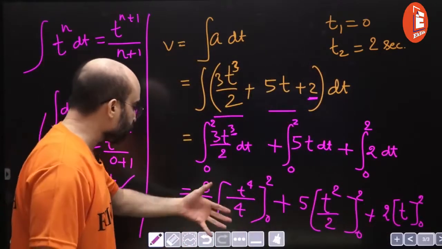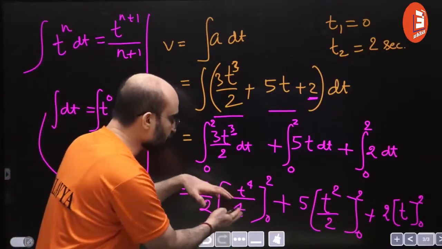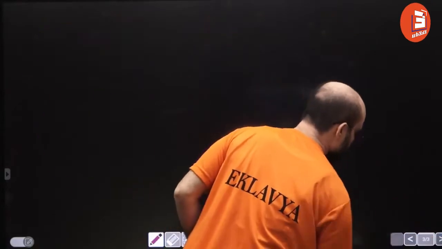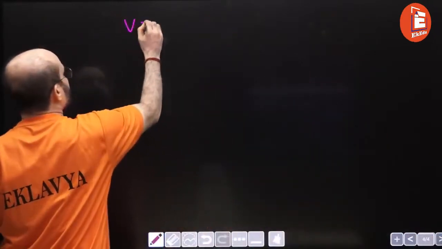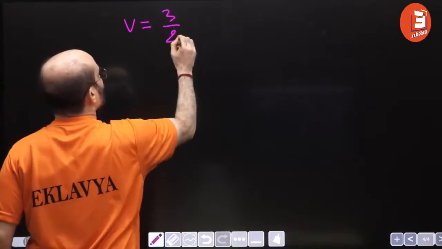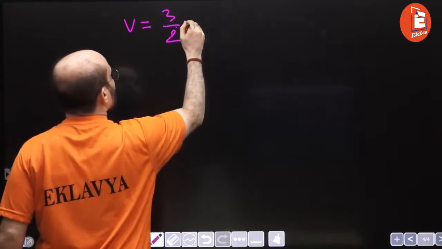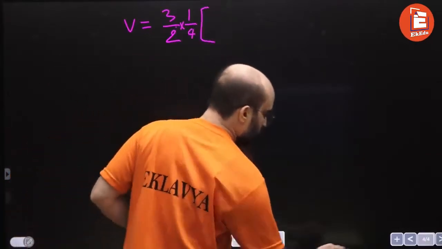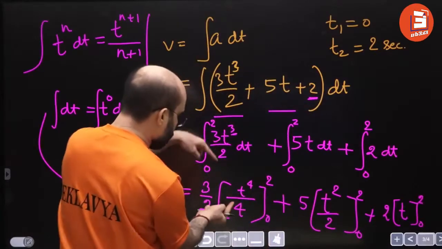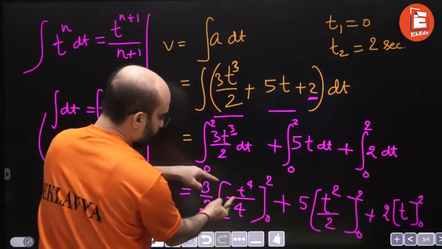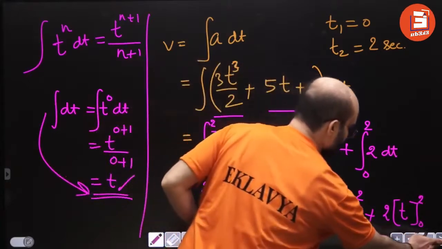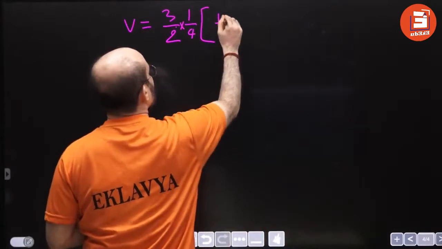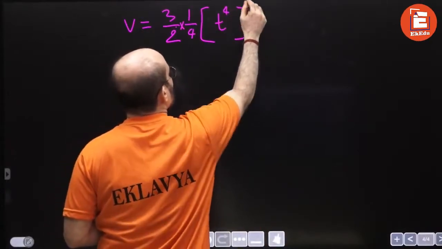After doing this, how to get the final answer? The next step would be v equals 3 by 2. You do one thing: 1 by 4 also you take out, so here you have 1 by 4, t raised to power 4, with limits 0 to 2.